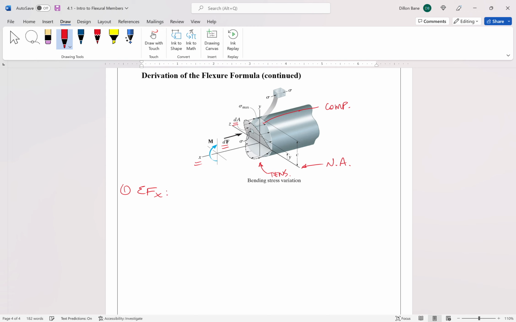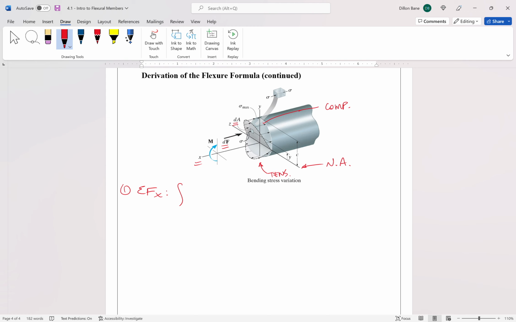In equation format, we're just going to have to do an integral, right? Because the stress profile coincides with the shape of the beam itself. If it's an I-beam or a rectangular beam or a circular beam, it doesn't matter, but the stress profile depends on the shape of the beam.